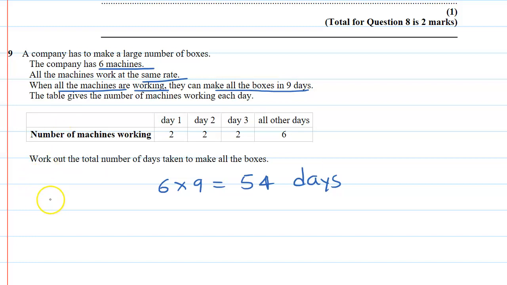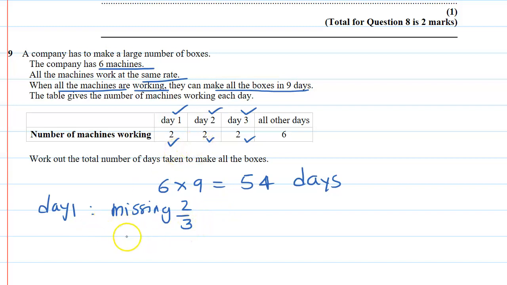For day one, because it is 6, if you add them, 2 plus 2 is 4 and 2 is 6, total 6 machines we are using in day 1, day 2, and day 3. So day 1 is missing 2/3 of a day's work of boxes.